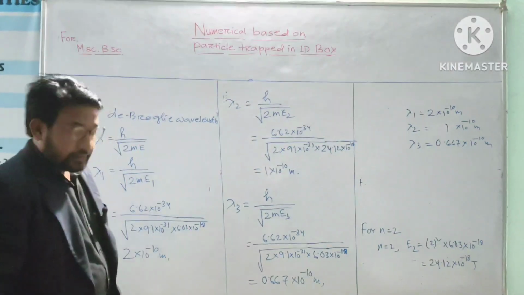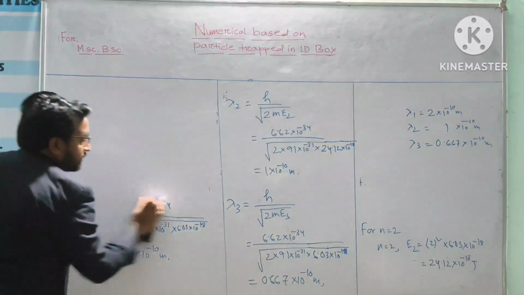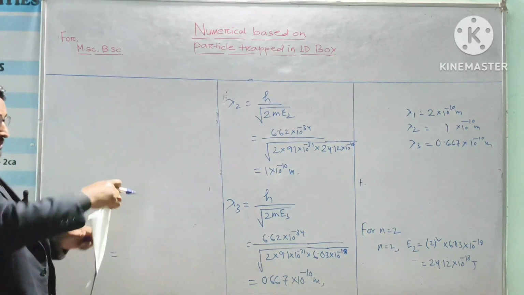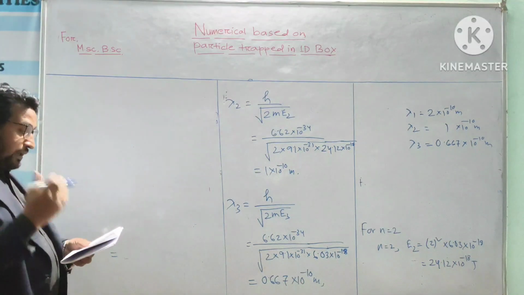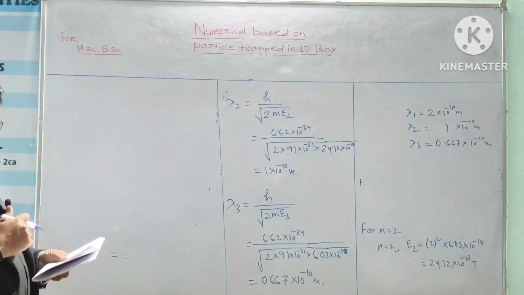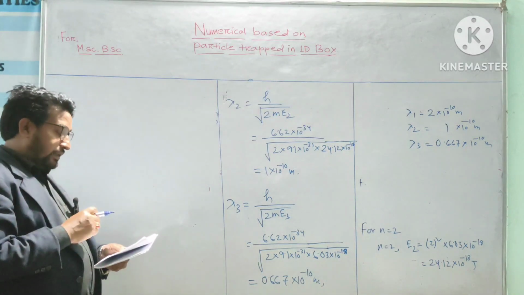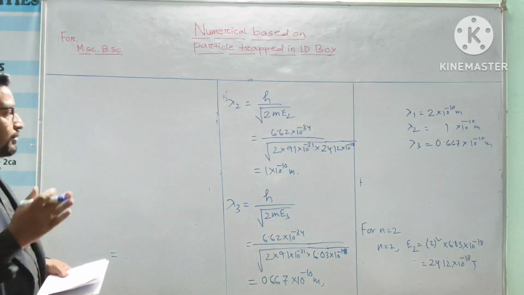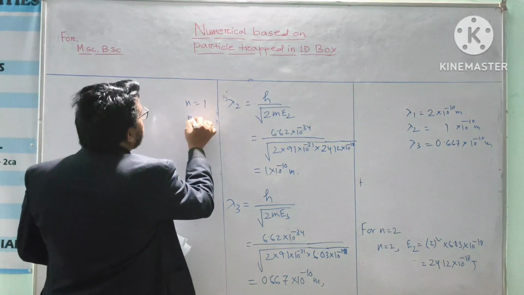Now, according to the statement of this question, one important part is here: calculate the energy difference between ground state and first excited state. Now we are going to find the energy difference between ground state and first excited state. As we know, for ground state n equal 1, and first excited state n equal 2.